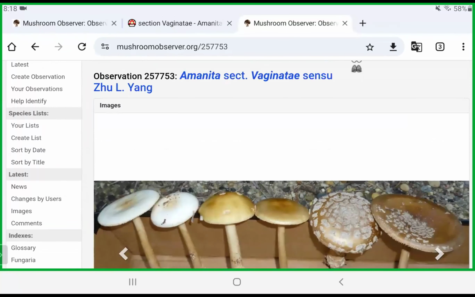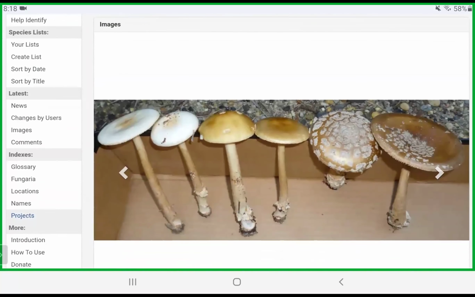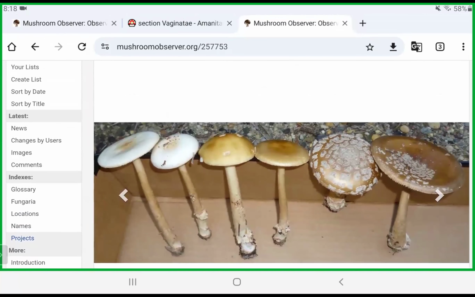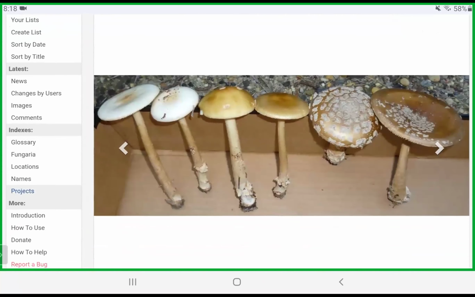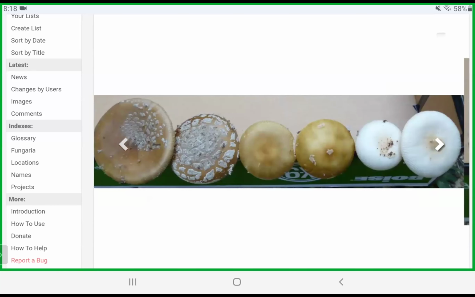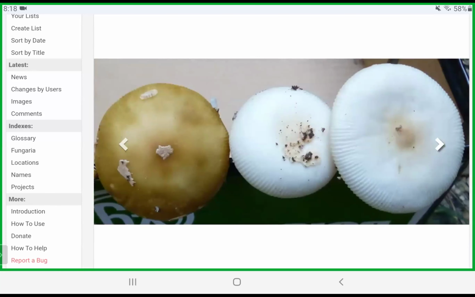I could say a similar thing about Fusco zonata, the appearance. Look at the white cap, and the other photographs you can scroll across and show the close-ups of the caps. The volva can be gray or it can be pink, as you can see on the right.